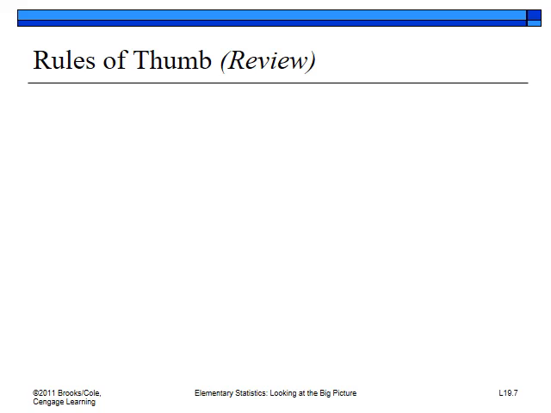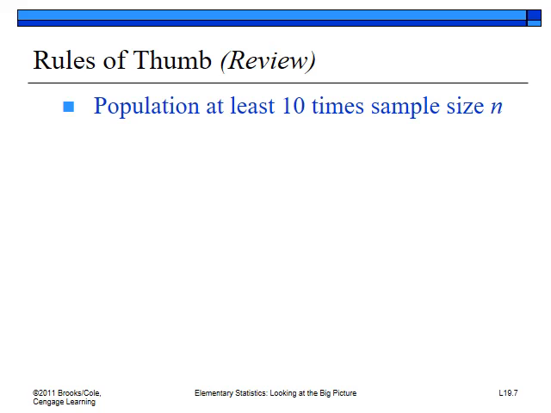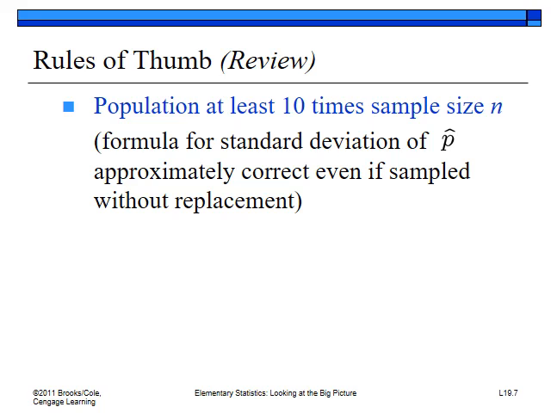Remember, we had to make a few assumptions in order to be able to make the calculations that we were going to do a little bit simpler. The first of these is that the population has to be at least 10 times the sample size. That's so that the selections that we make will be approximately independent, which is required to make sure that standard deviation computation is approximately correct.